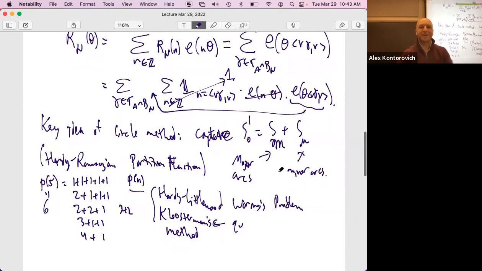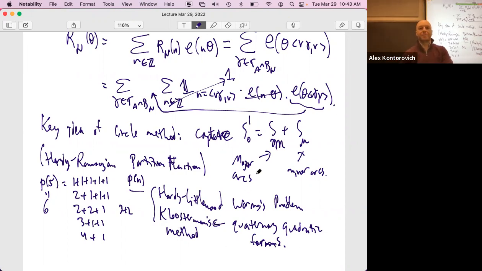We're going to talk a little bit about this for quaternary. They call it a method because it's not quite the circle method, since there aren't minor arcs. So numbers represented by quaternary quadratic forms cannot be handled by the Hardy-Littlewood circle method, but can be by Kloosterman's refinement, or Kloosterman's method.